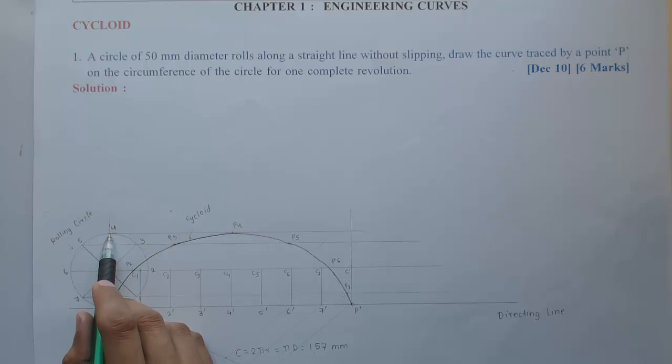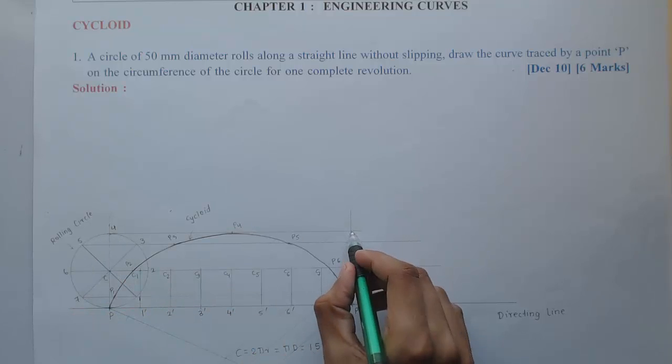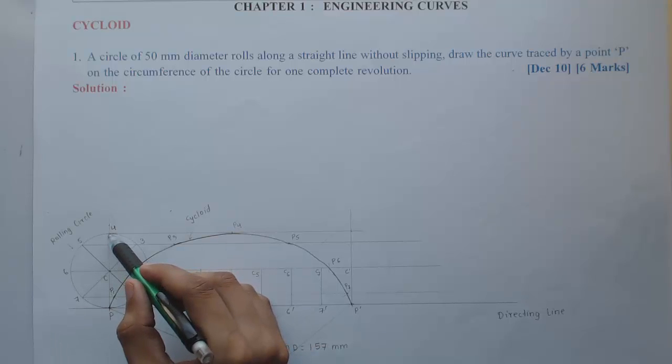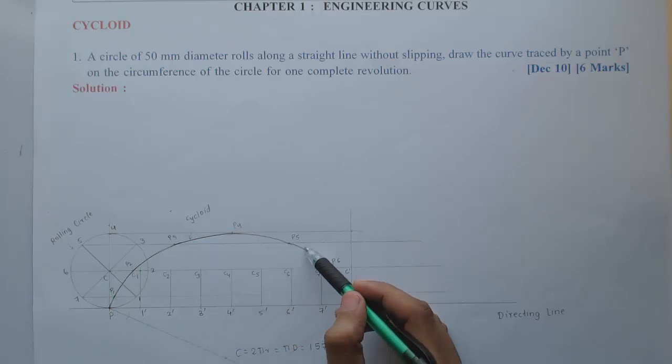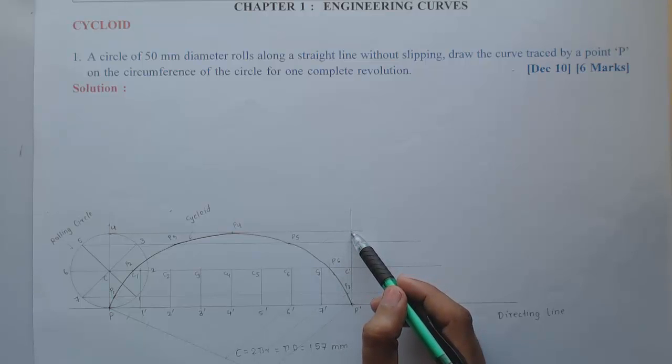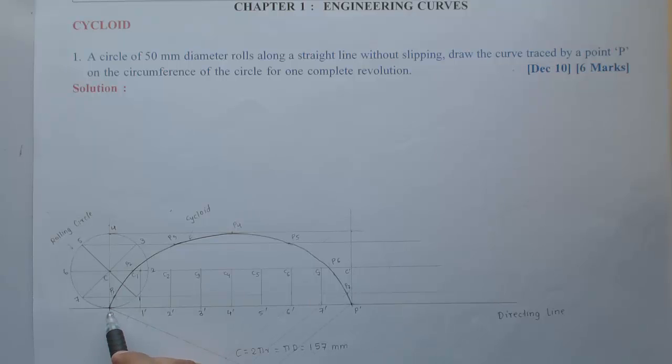So if you are assuming that topmost position, then after completion of one revolution, the point P dash will come again at the topmost position. So the nature of the curve will be, first it will move downwards, reach the bottommost position at 4th, that is exactly half a revolution, then it will again climb up to the topmost position. So the nature of the curve will depend on the position of the initial point, that is the location of P.